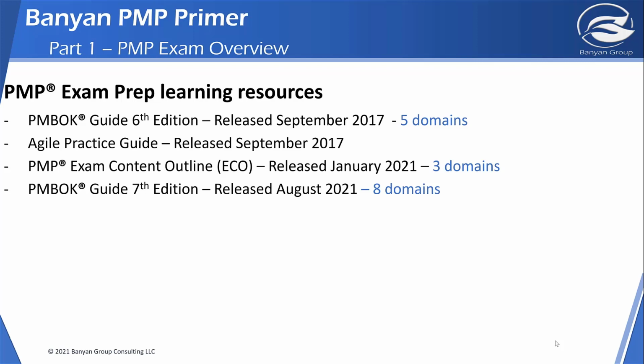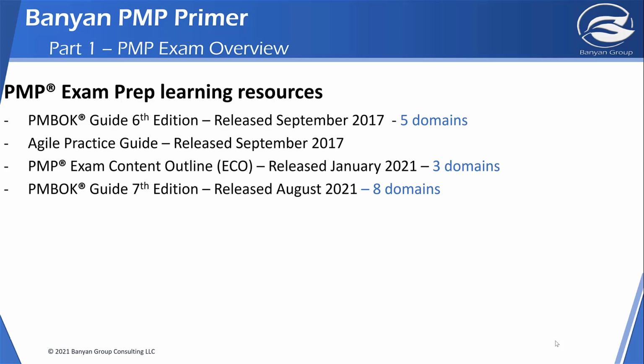PMI had to take a position where they could support both methodologies, but not be rigid and structured. So for years, while they were very much aligned with the predictive waterfall traditional project management approach, they had to make a course correction and a major shift, and so that happened in the 7th edition.